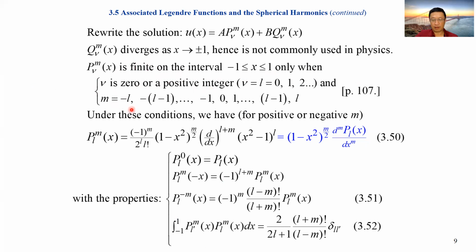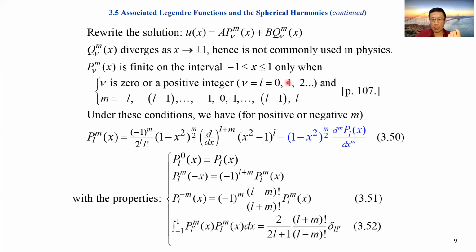Only when μ is 0 or a positive integer, and m ranges from -L to +L. So μ is an integer, 0 or a positive integer. And for each L, if L is 0, m is 0.